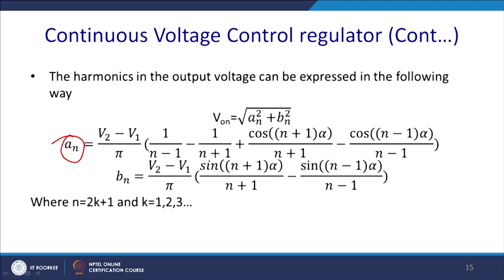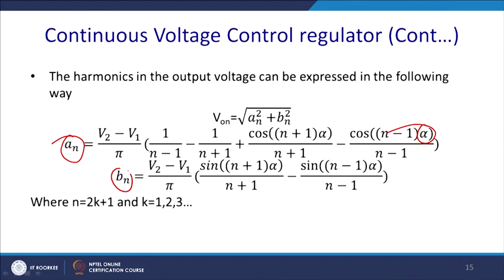Of course, you can eliminate a particular harmonic here, let us say by choosing a particular value of alpha. That comes under the section of selective harmonic elimination, but then these steppings may be lost. Similarly, Bn will be V2 minus V1 by pi, times sin of n plus 1 alpha by n plus 1 minus sin of n minus 1 alpha by n minus 1, where n equals k plus 1 and k is 1, 2, 3, 4.